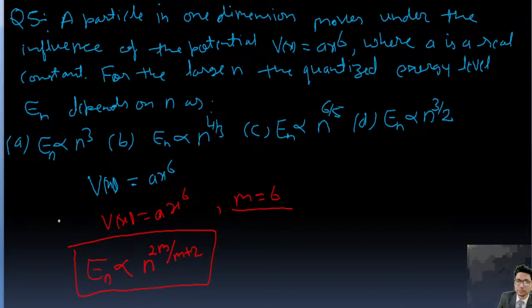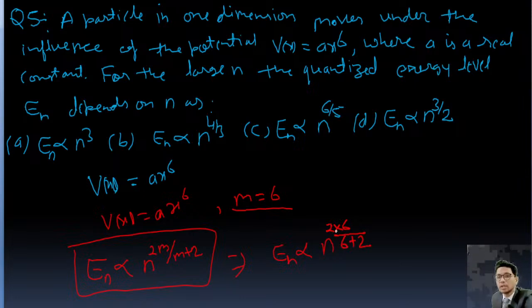E_n is proportional to n to the power 2m upon m plus 2. So here we'll check this power: 2 into 6 upon m plus 2, where m is 6, plus 2.